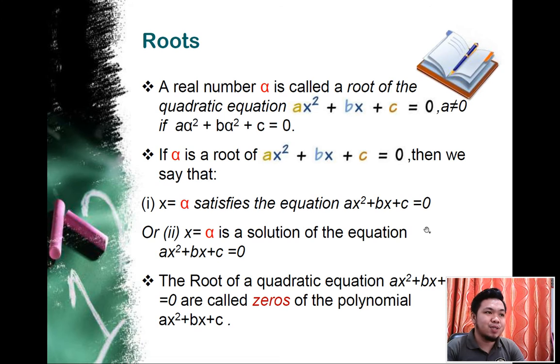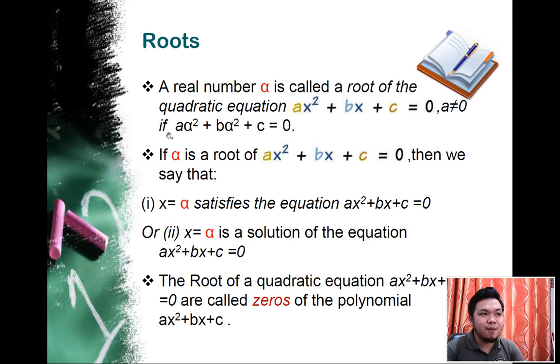So let's go with roots. A real number, this is its symbol, is called a root of the quadratic equation ax squared plus bx plus c is equal to 0, where a is not equal to 0.